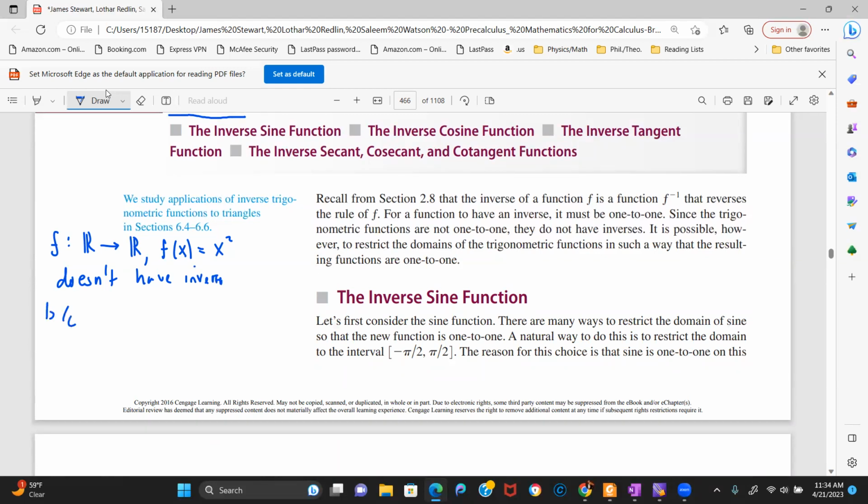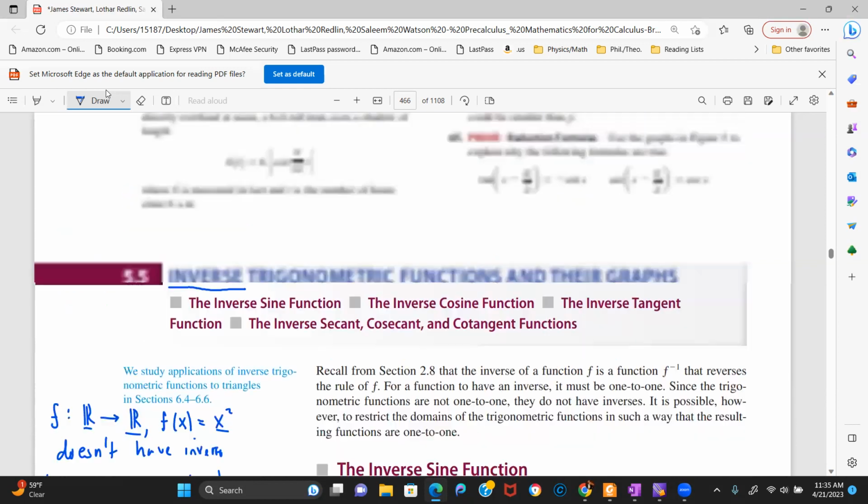That's because, for example, f of -1 is equal to f of 1. They evaluate to the same number, 1, even though -1 and 1 are not the same. You can also see it from the graph: the graph looks something like this, and this horizontal line intersects at 2 spots. So when you define x squared to be a function from R to R, it does not have an inverse.